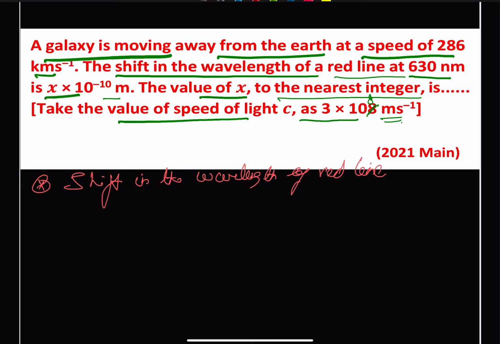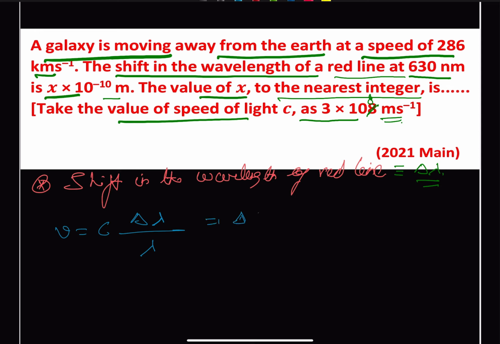Suppose that shift is given as delta lambda, then we can say that our v is equal to c times delta lambda upon lambda, and we need to find out our delta lambda.